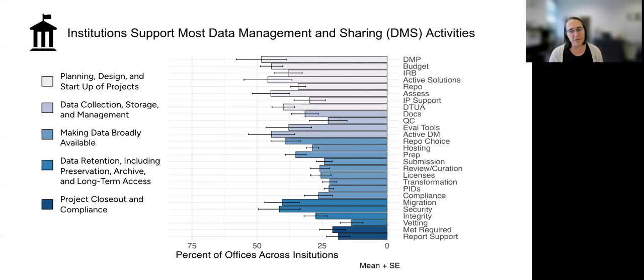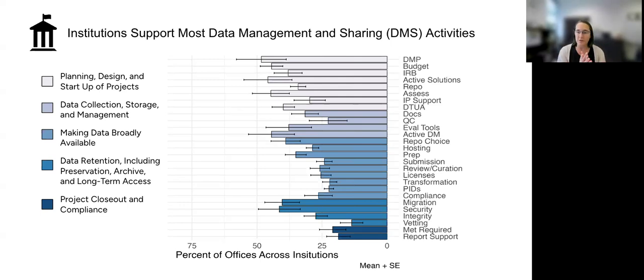So we first looked at support for these data management and sharing activities within institutions as reported by the administrative respondents to our survey. For each institution, we calculated the percentage of units or offices that supported each activity. And then we took the average of those respondents across all of the institutions.